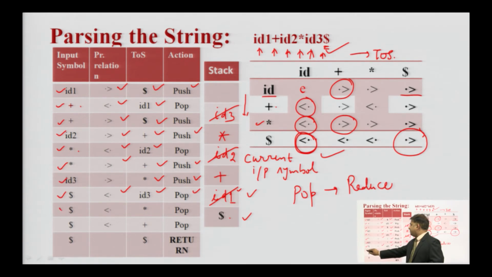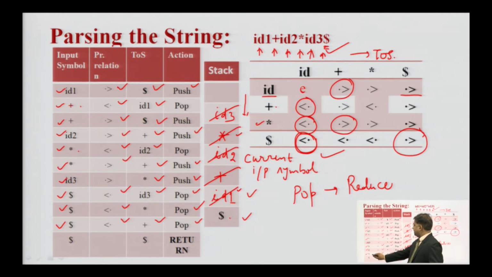Now dollar will be compared with the top of the stack, which is star, which is again less precedence. Less precedence means pop, I pop it. Now top of the stack is plus, dollar will be compared with the plus sign, again it is less precedence. If it is less precedence, then it is pop, again I pop it, right.